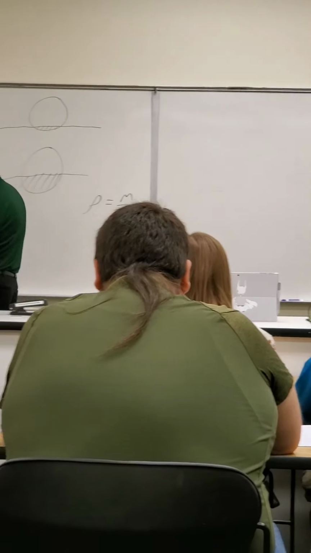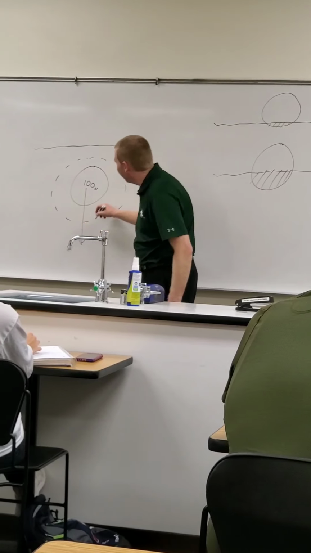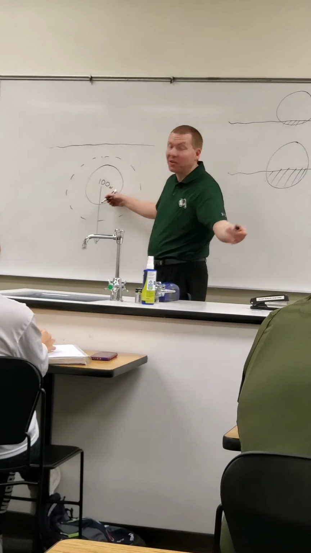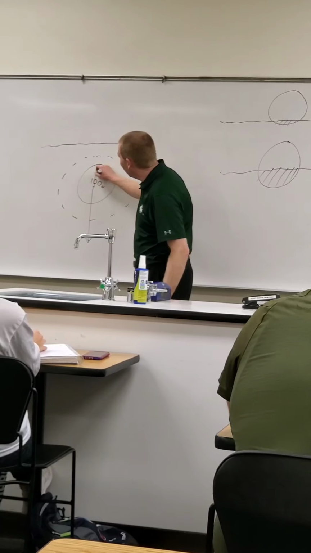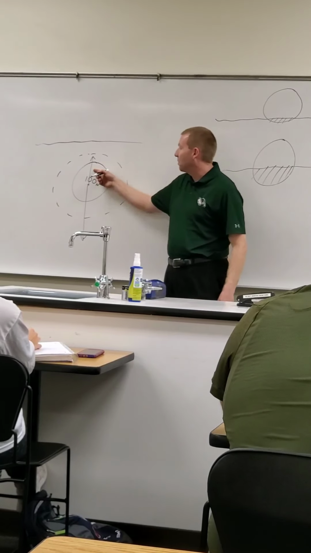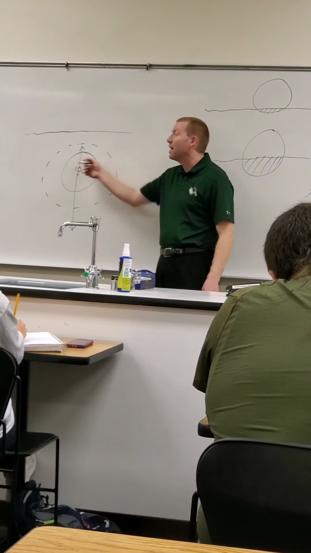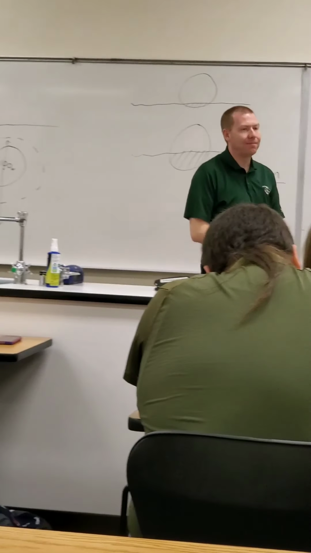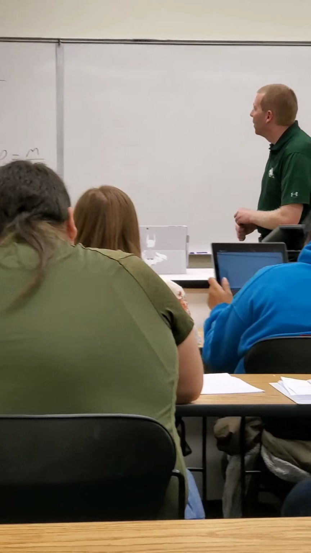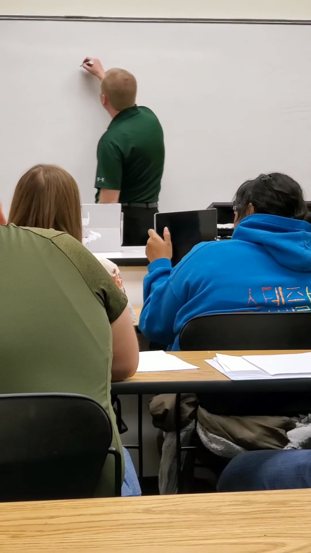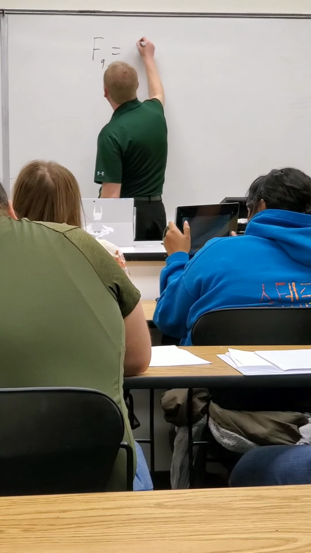Because what happens here is, you've got the force of gravity pulling down, and you have a buoyant force, which is equal to the weight of the water you're displacing. The problem is, the weight of the water you're displacing is not as big as the weight of the object, because you're not displacing enough to counteract. Okay, gravity is a force.